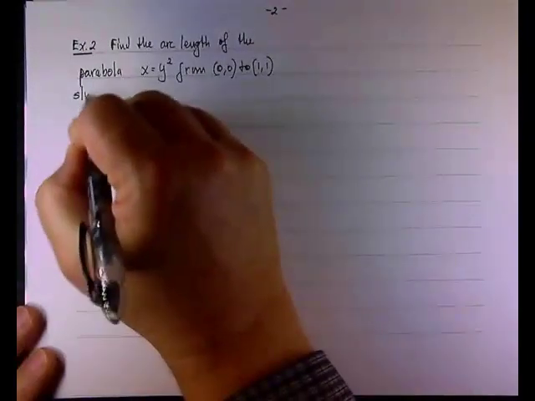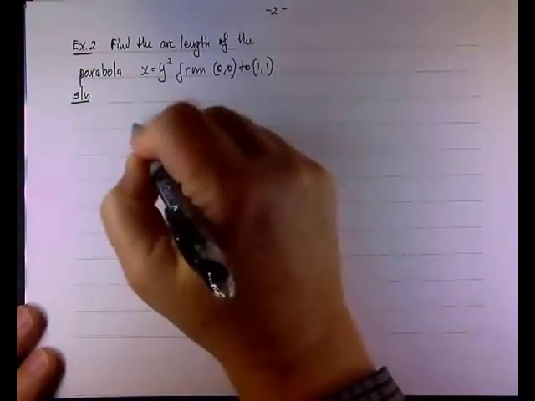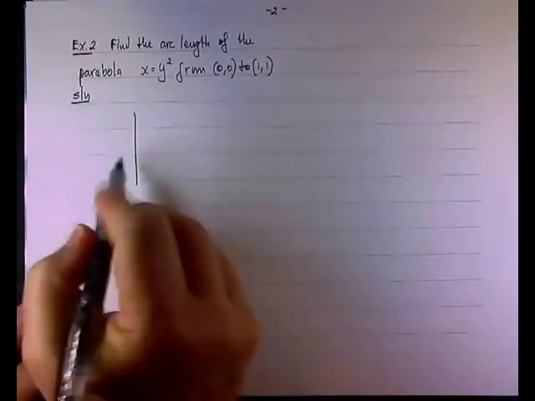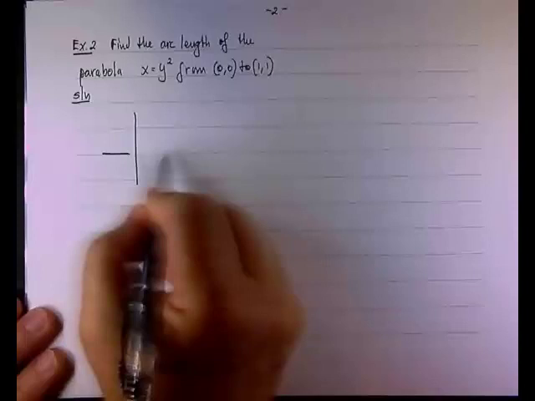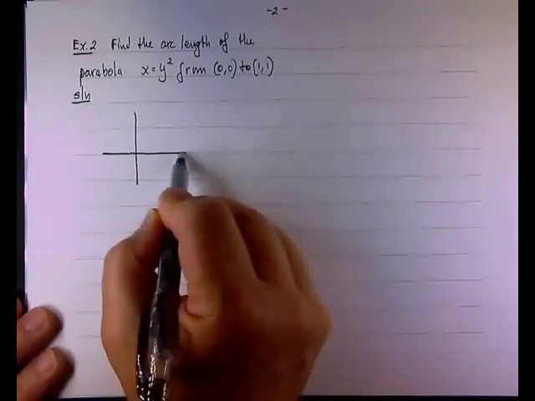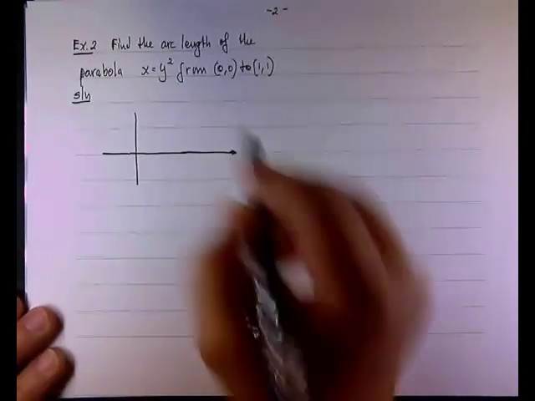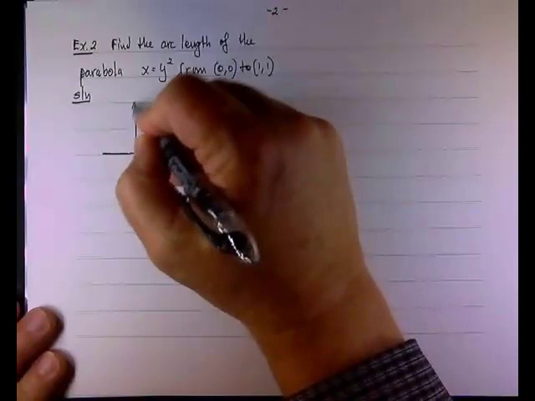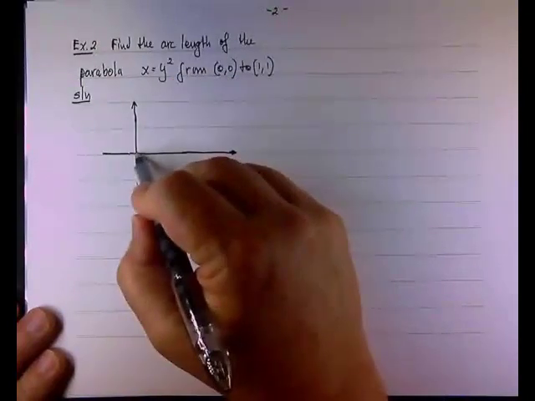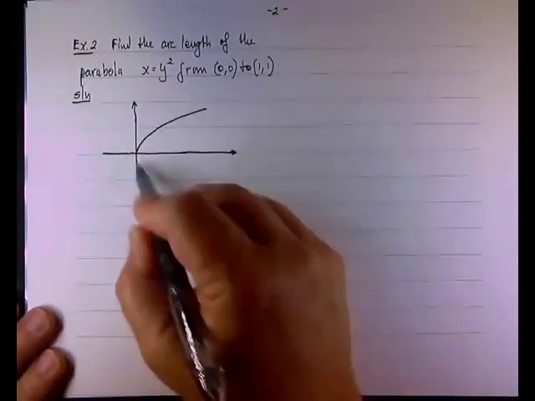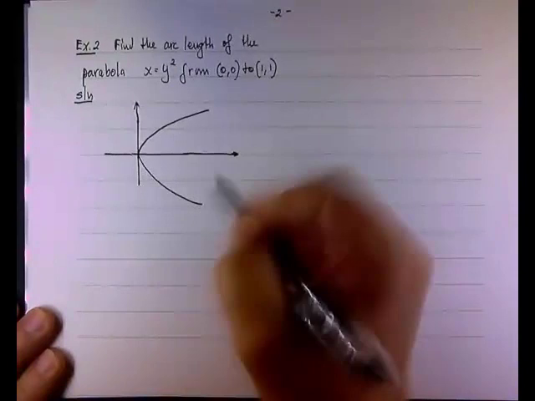So how we go about solving it, let's just visualize the problem first. The parabola y equals x squared is a vertical parabola. The parabola x equals y squared is a horizontal parabola, if you remember from pre-calculus. The vertex of the parabola will be at the origin.